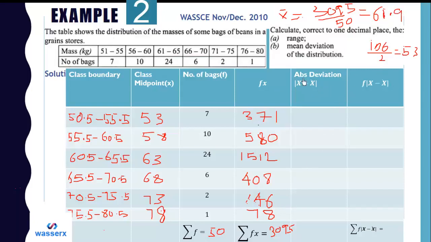So now we'll find the mean deviation, the absolute value of the deviation. So we have 53 minus 61.9, and that will give us negative 8.9, but the absolute value is positive, so we have 8.9. So we do the same thing to obtain all the absolute values of the deviations. Let me go faster.